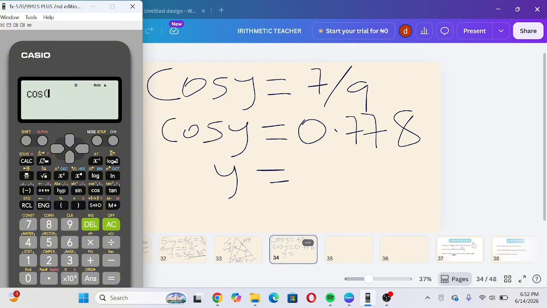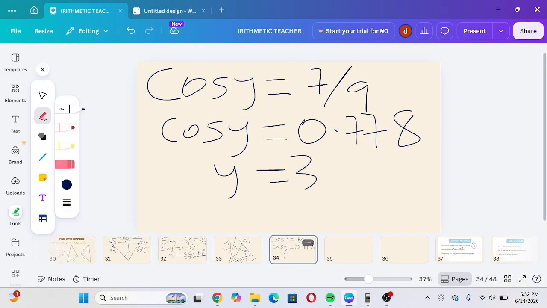Then cos, that is the trigonometry, then 0.778, that is the value, equal to. So you'll be having 38.92 in 2 decimal places, 38.92 degrees. So this is our y in the second example.